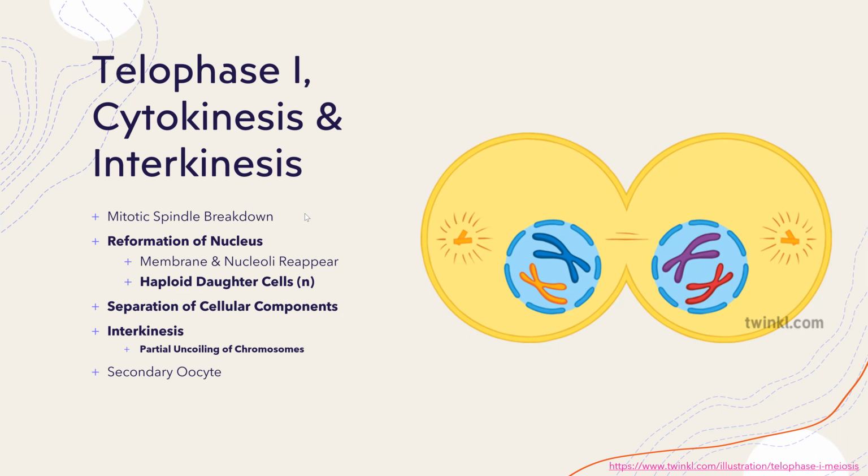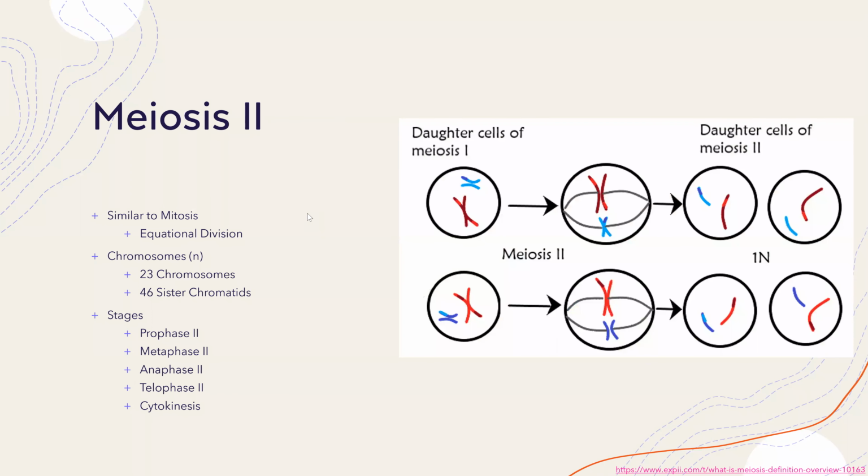So then we have meiosis 2, which is super similar to mitosis, so I'm not going to go into too much depth here. It's similar to mitosis because it's equational division. We're not losing or splitting apart the genetic material any further, because all we're doing is separating the sister chromatids.